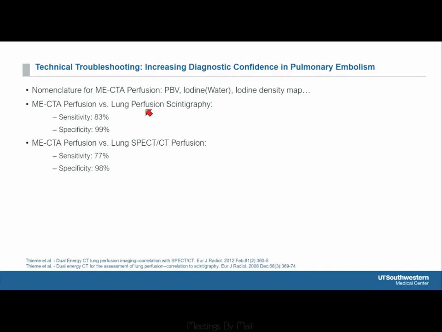Initial studies with perfused blood volume in comparison with lung scintigraphy showed a sensitivity of 82% and specificity of 99% to diagnose segmental perfusion defects in patients with pulmonary embolism. And those values were a sensitivity of 77% and specificity of 98% when compared with SPECT-CT perfusion.